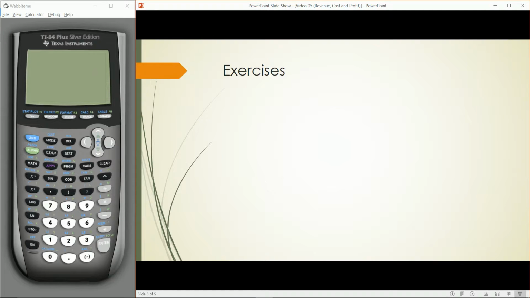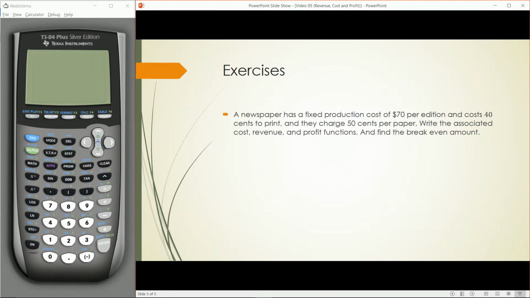So here's a couple of exercises for you to try. A newspaper has a fixed production cost of $70 per edition and costs 40 cents to print, and they charge 50 cents per paper. Write the associated cost, revenue, and profit functions. Also find the break-even amount.